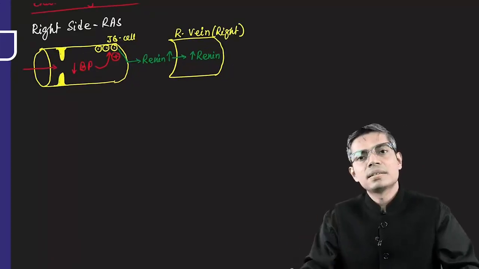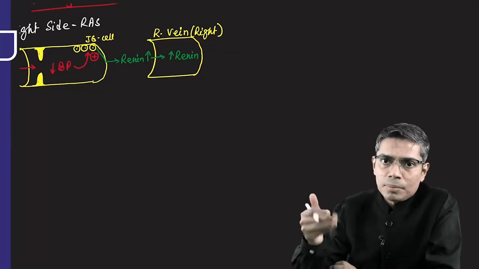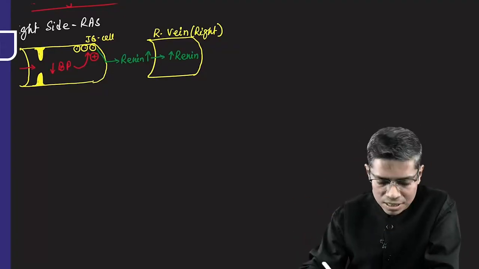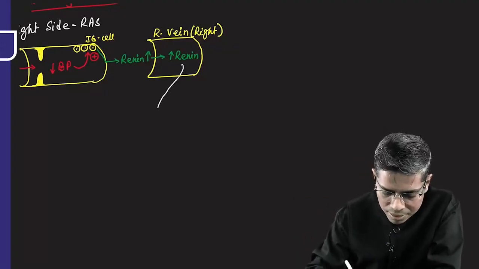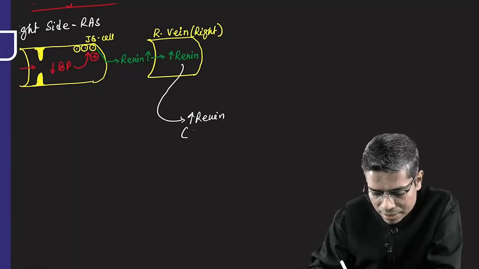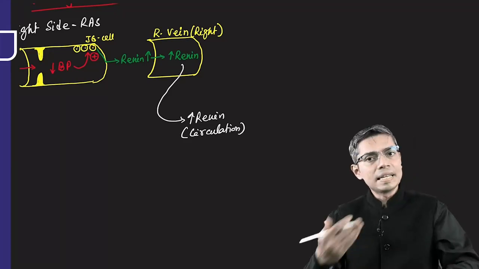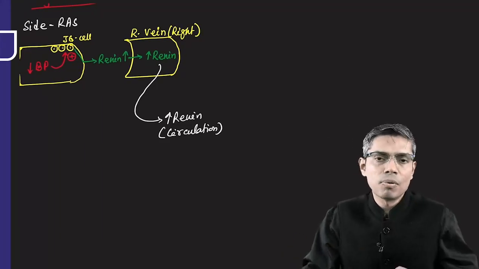Now this increased renin will enter your systemic circulation, obviously from the renal vein. And whenever renin reaches the circulation, you know what it is going to do.